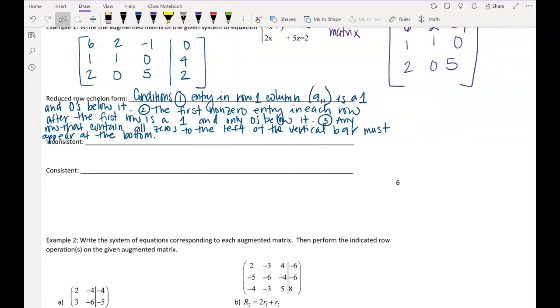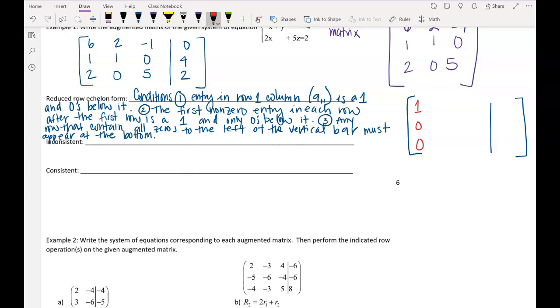All right, so let's draw up an example of your reduced row echelon form. So I'm going to make a matrix like that. Now it says here, condition number 1, entry in row 1, column 1, it's a 1. Okay, so that means row 1, column 1, it's 1, and it says zeros below it, just like that.